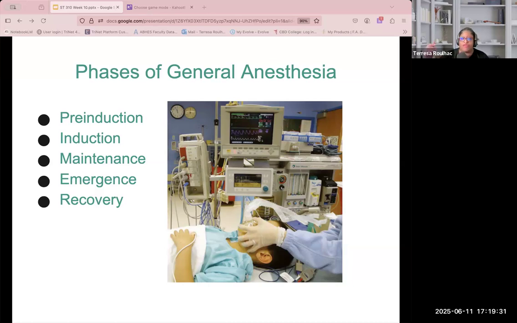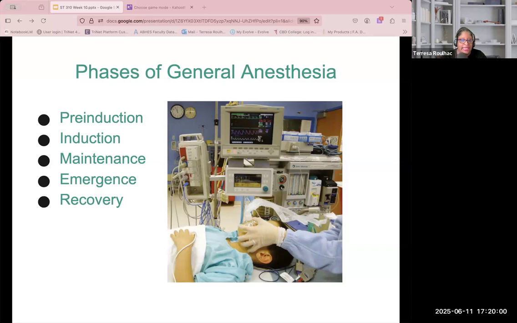Just getting them from the wheelchair to the bed, having them walk into the bed or from a gurney to the bed. We have induction. This is when the patient is receiving the anesthetic agent to make the patient unconscious. So this is the beginning. Okay. Patient goes to sleep. Then we start gowning, gloving the surgeons, draping, prepping, timeout.